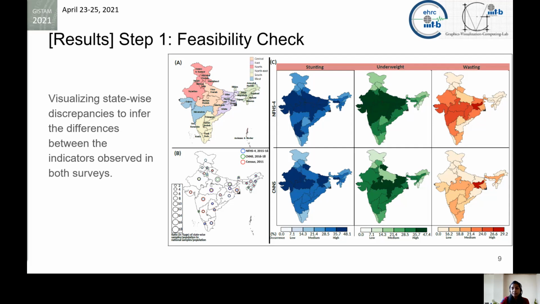The state-wise occurrence of stunting, underweight, and wasting given in percentages is shown in figure C. Figure C shows considerable differences between both surveys. However, given the comparable statistical descriptors, we now look at similarities we can find within the aggregate values.